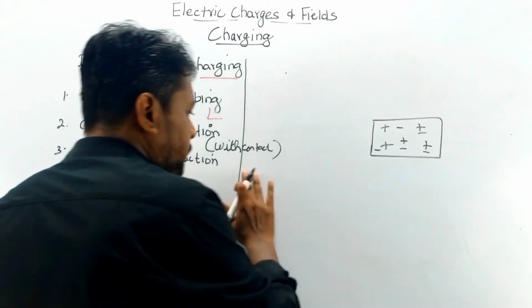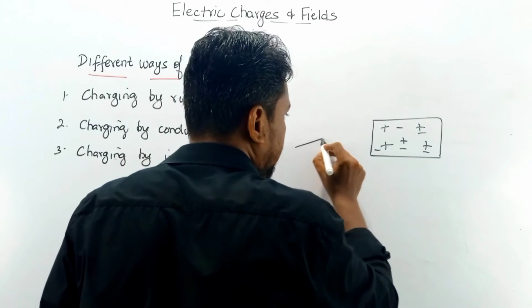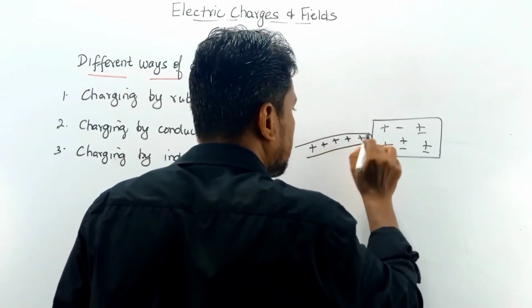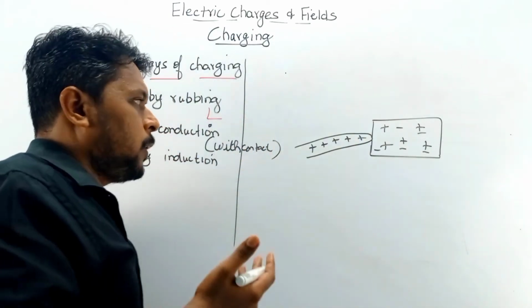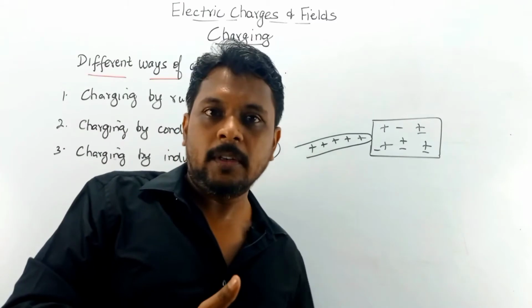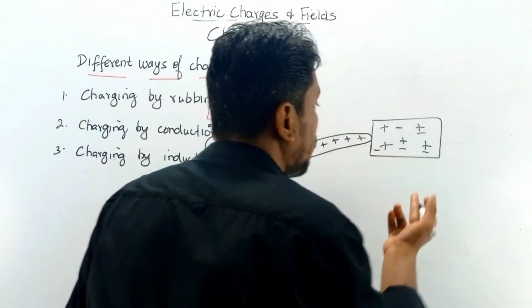Now I am going to bring a positively charged glass rod near it and touch it. See here, it involves touching. This positive charge can be created when a glass rod is rubbed with a silk cloth, and it becomes positively charged. When the positively charged glass rod touches this conductor, what happens?